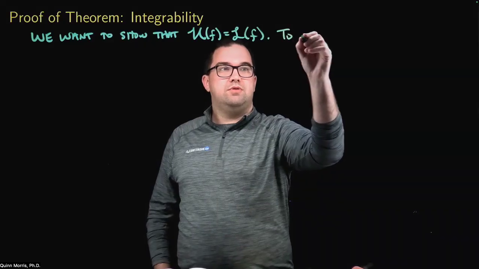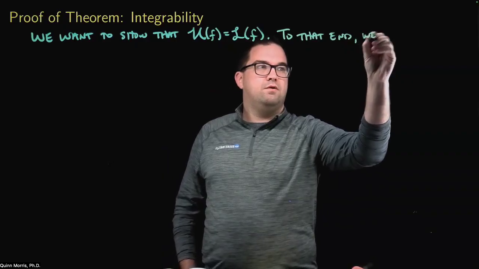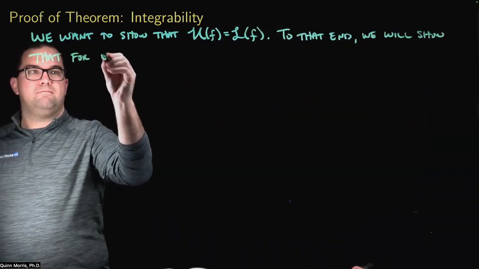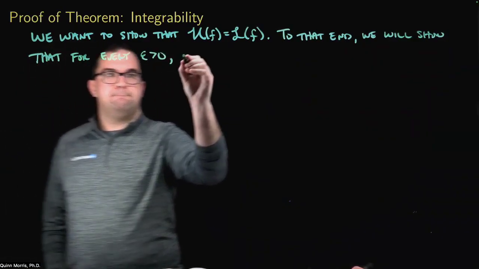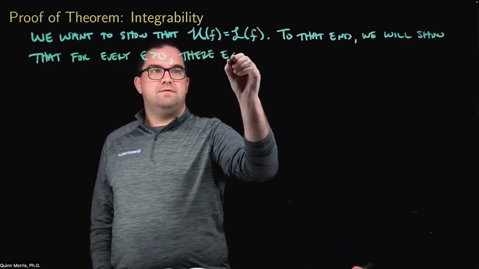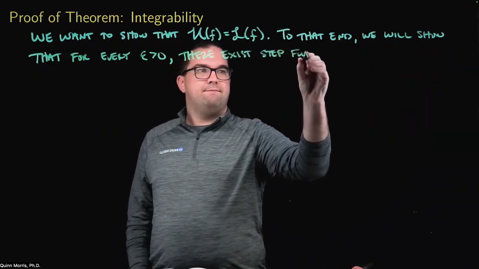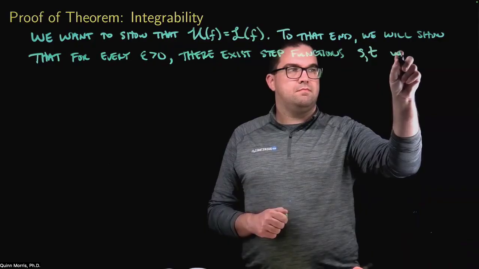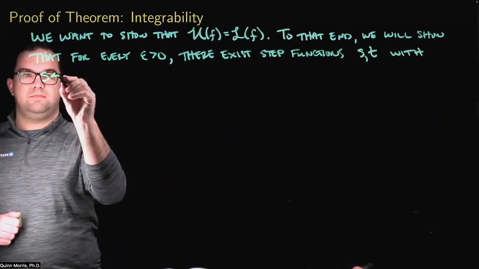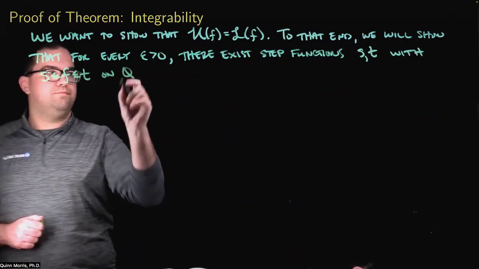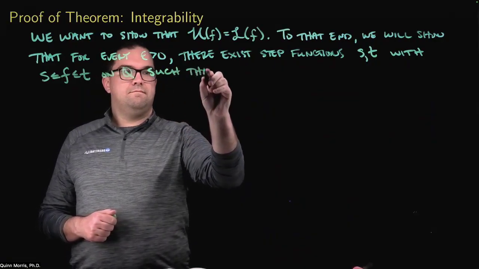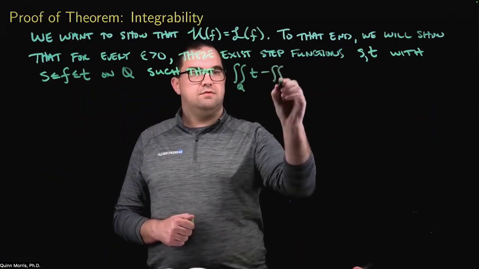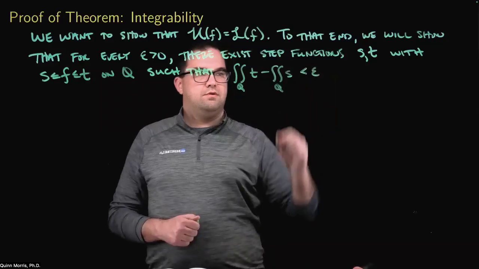So to that end, we will show that for every epsilon greater than 0, there exist step functions s and t with s less than or equal to f less than or equal to t on Q, such that the difference between the double integral of t over Q, that's the upper step function, minus the double integral of s over Q can be made less than epsilon.